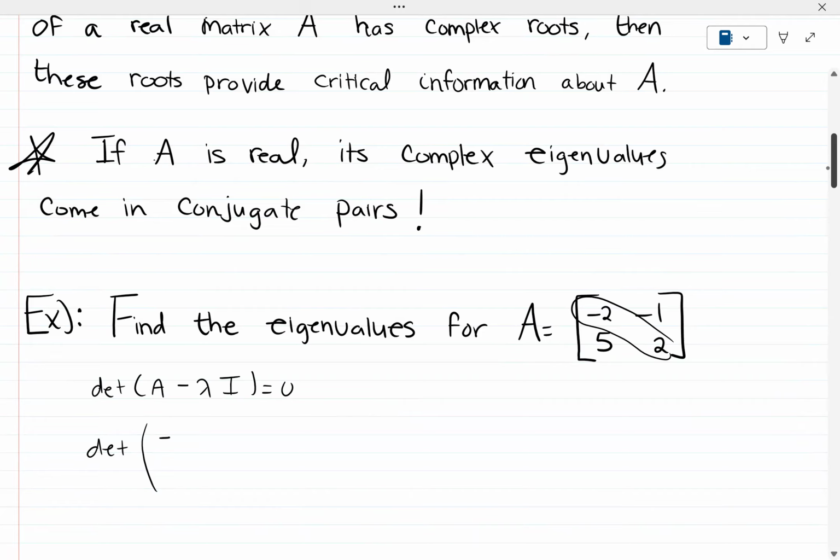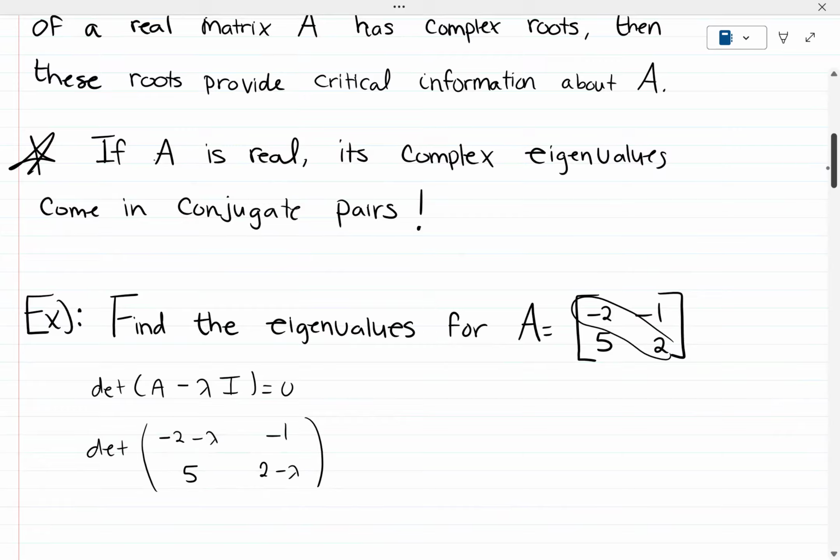It's going to be negative 2 minus lambda. These ones stay the same, so negative 1 and 5 stay the same. And then the diagonal 2 becomes 2 minus lambda.